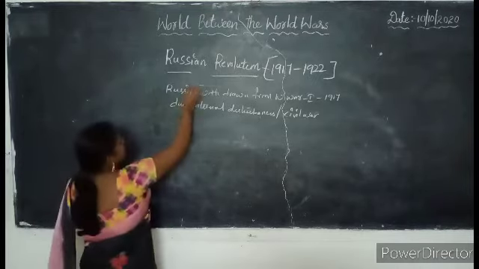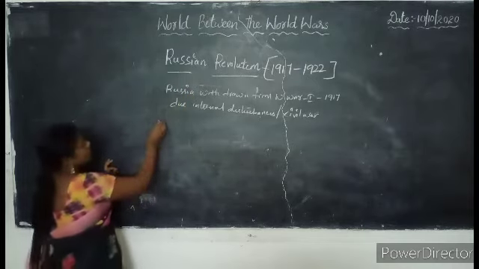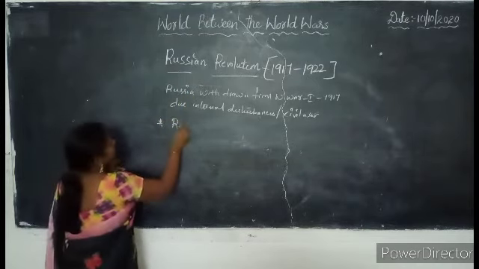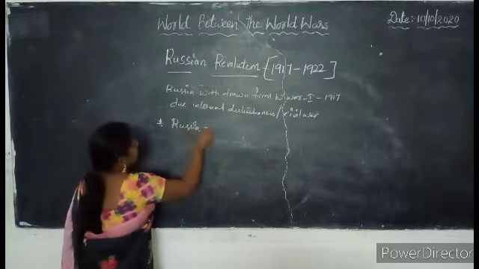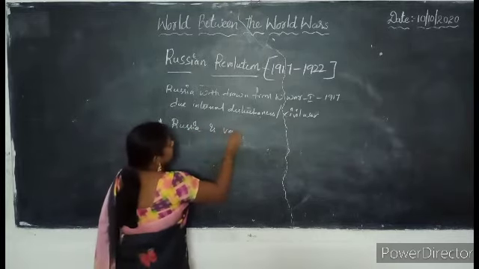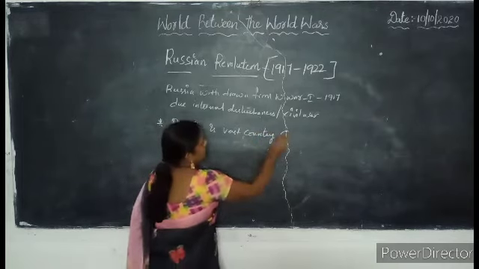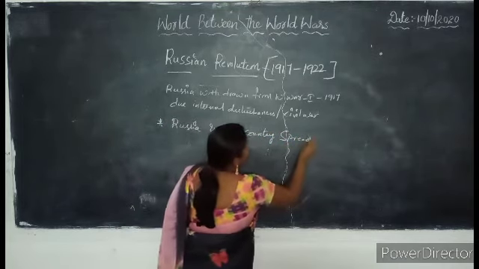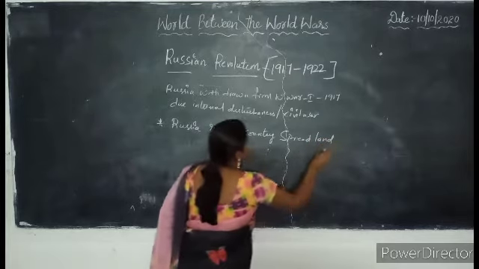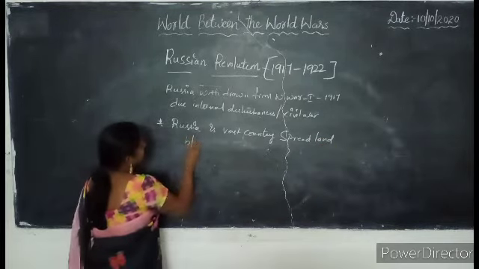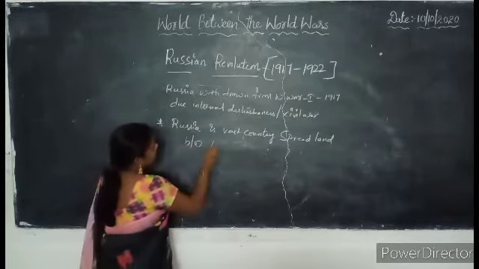Let us see about Russia. So, Russia is a vast country spread between Europe and Asia.